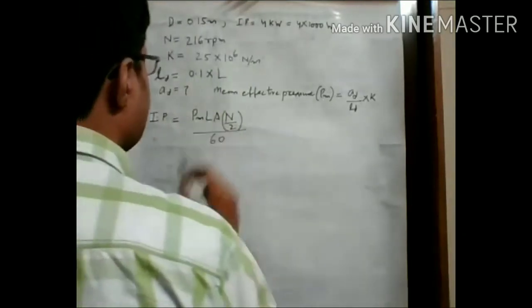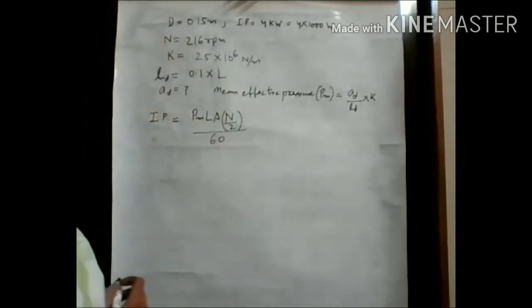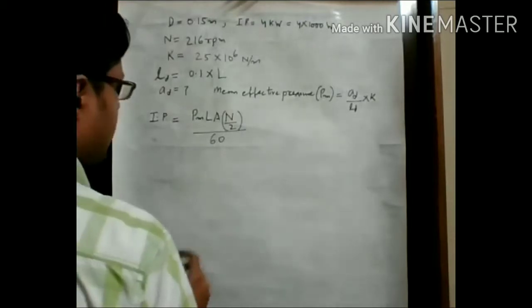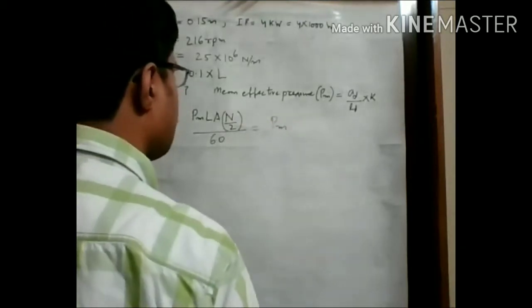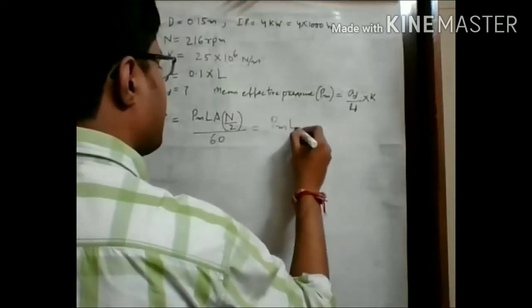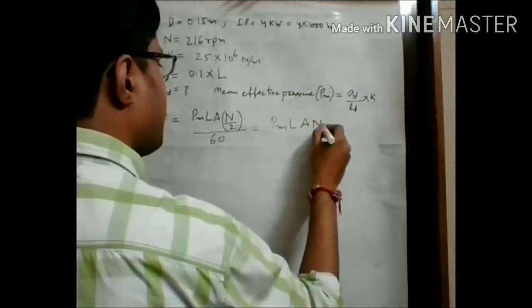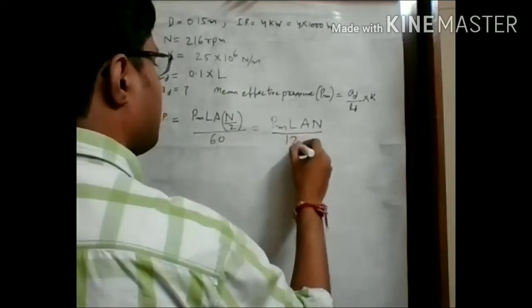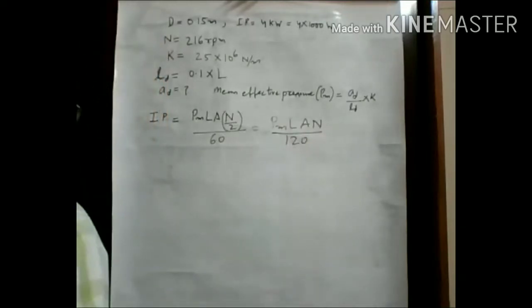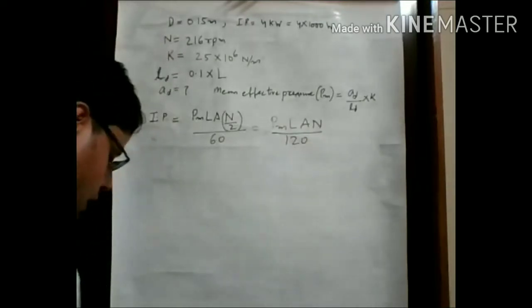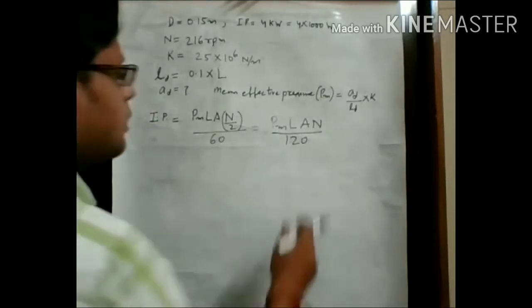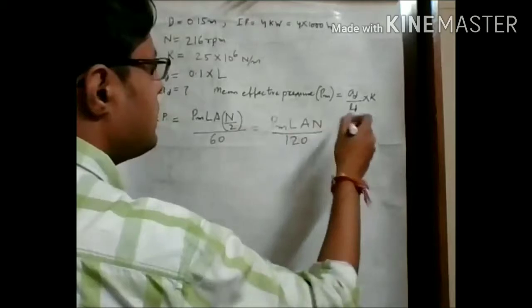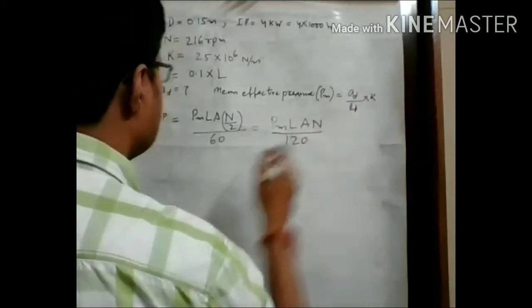So this is the indicating power, PM multiplied by L multiplied by A multiplied by N by 2 multiplied by 60. If we rewrite this expression in a simple manner, PM multiplied by L multiplied by A multiplied by N divided by 120. Now we put the values one by one. We can replace this PM with these terms.